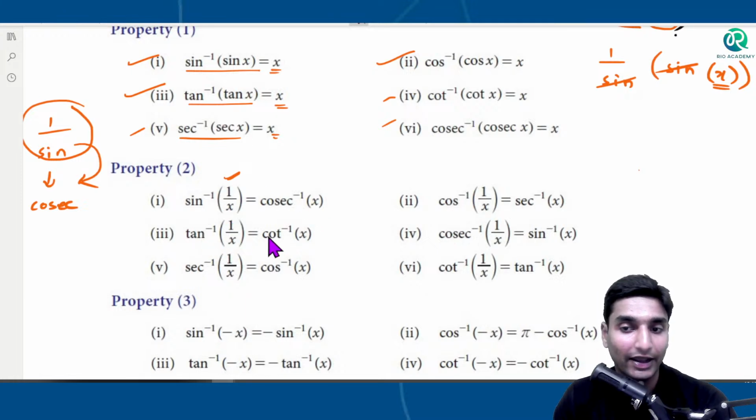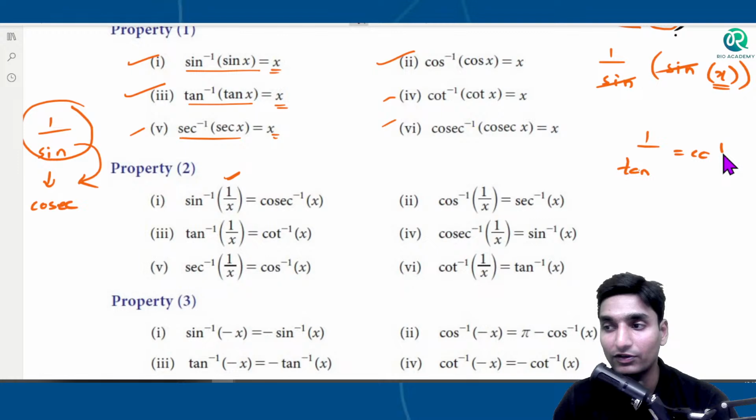And then tan and cot are related in normal functions. The reciprocal of tan is nothing but cot. And here also, tan inverse and cot inverse are related, but not by the reciprocal of the function. They are related directly. Instead, the values that have been considered will take the reciprocal form. Tan inverse of 1 upon x will be equal to cot inverse of x.